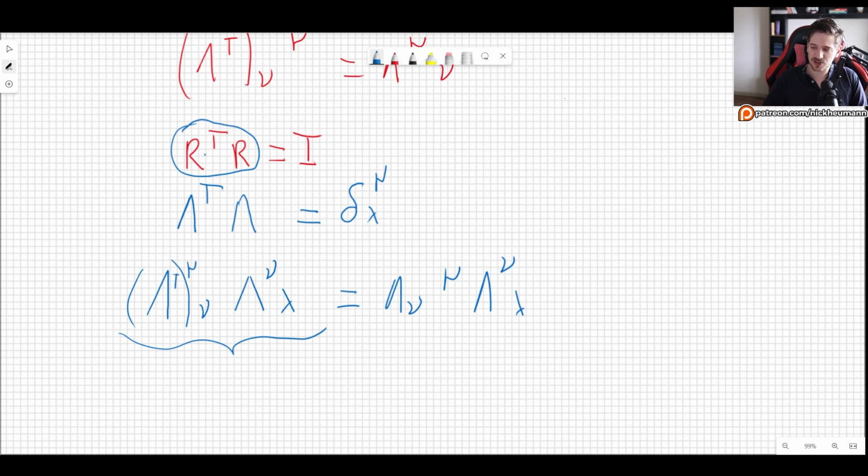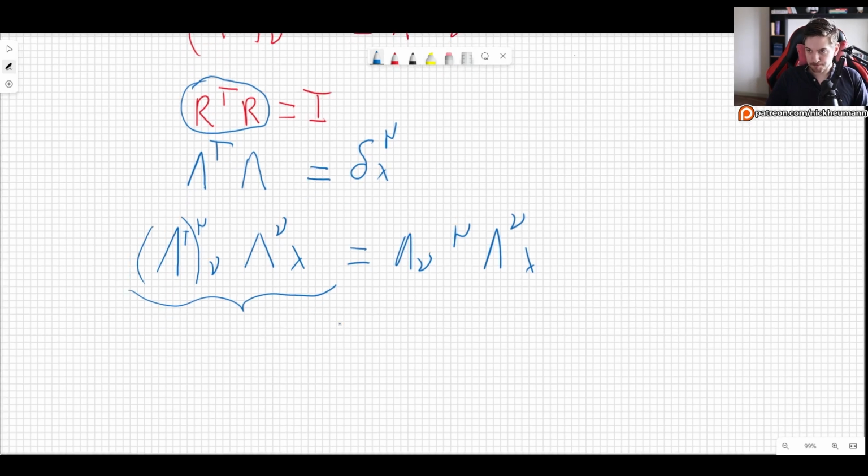Let's now actually multiply this so that we can see what's going on here. We are going to be multiplying this lambda, which we already know what it looks like, with its transpose, which we also know what it looked like. So we just multiply here, and what we get is the following.